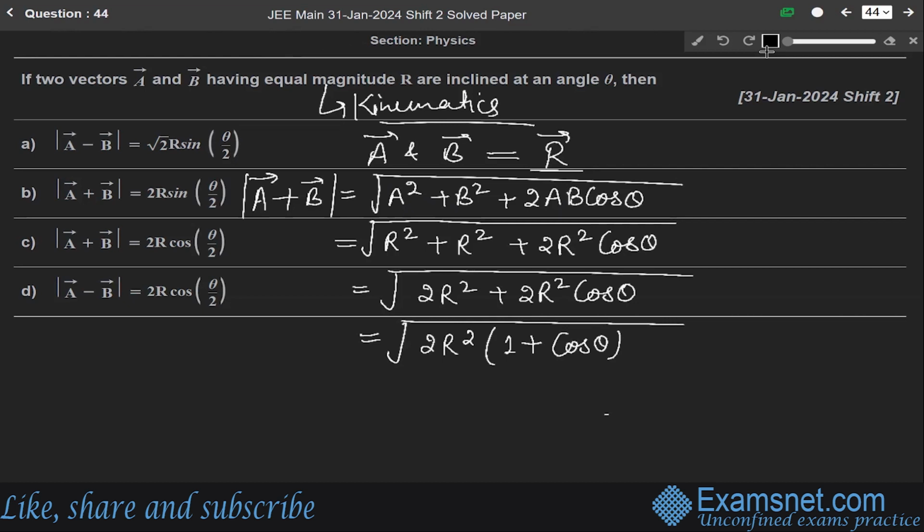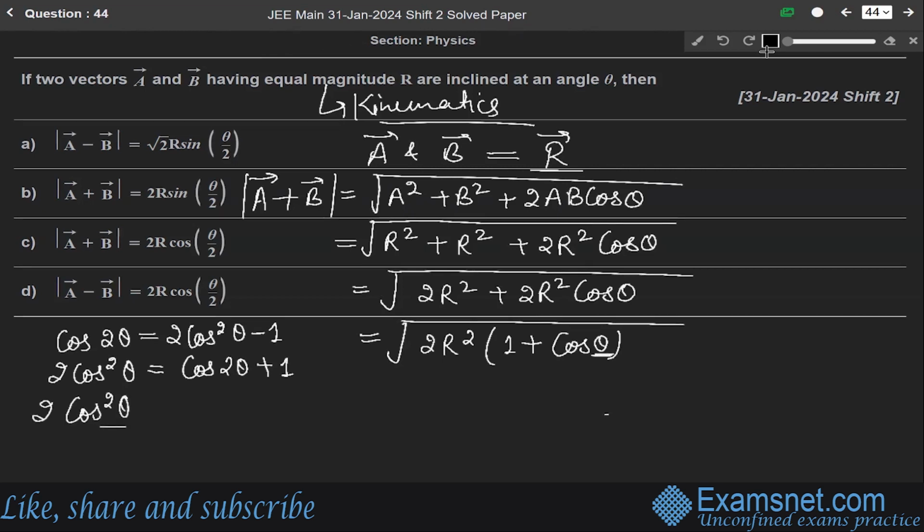And we know that the formula for cos 2 theta is equal to 2 cos square theta minus 1. So 2 cos square theta becomes cos 2 theta plus 1. Since here the angle is theta, we write 2 cos square theta by 2 is equal to cos theta plus 1.